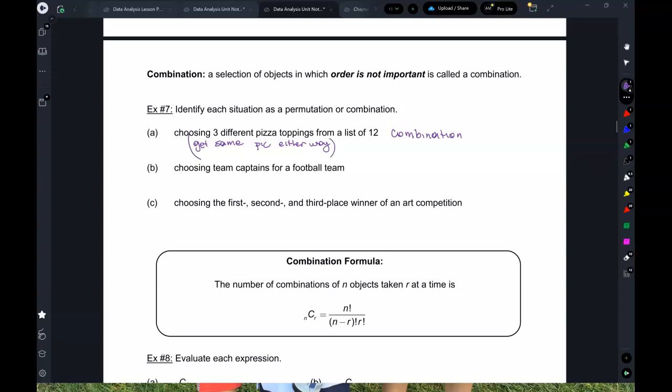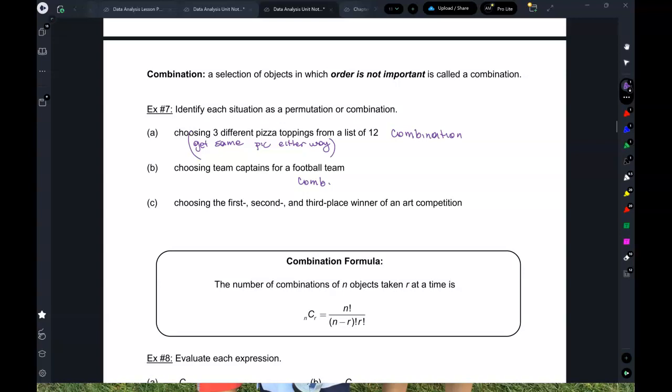Choosing team captains for a football team. If you're going to have 2 team captains, like co-captains, does it matter how you choose them? It doesn't matter. So this is a combination. Choosing the first, second, and third place winner of an art competition. This is definitely a permutation, right?